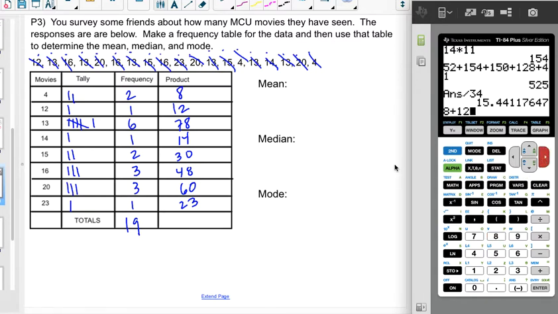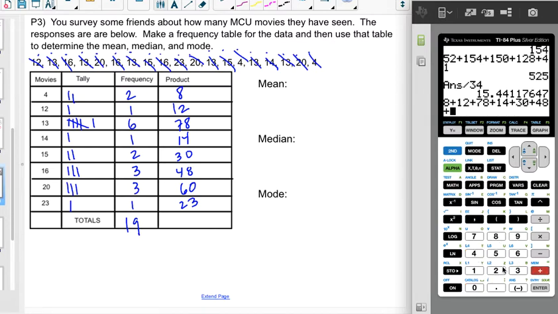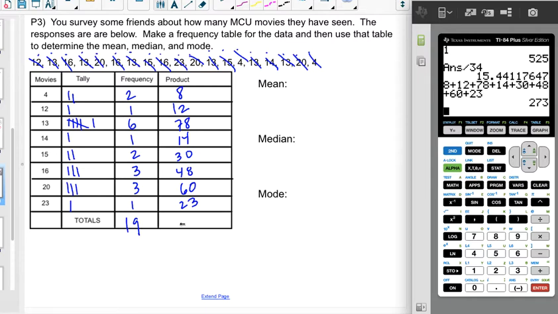All right, so now that we've got the 12, we have a 78, 14, 30, 48, 60, and 23. Double check those numbers, 8, 12, 78, 14, 30, 48, 60, 23, enter. So the total is 273.